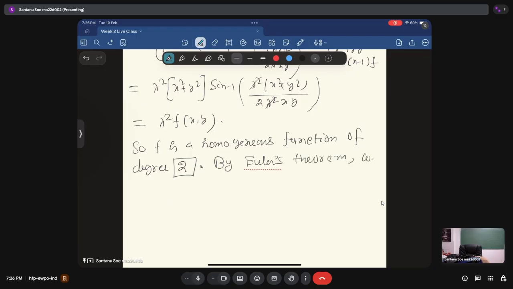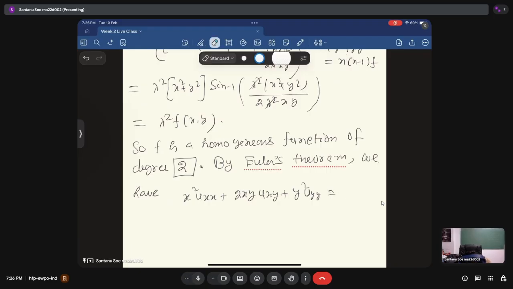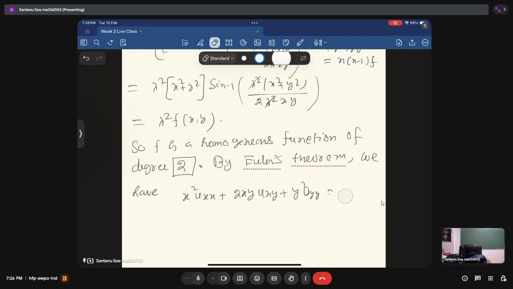Okay. Now by Euler's theorem, we'll get x square u_xx plus 2xy u_xy plus y square u_yy. This will be, sorry, the degree is 2, so 2 times 2 minus 1 into u.